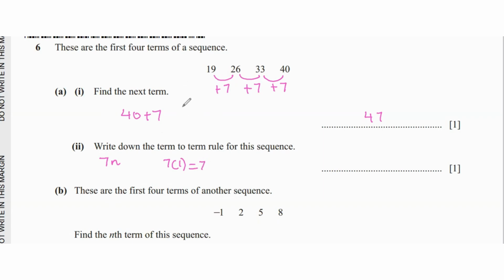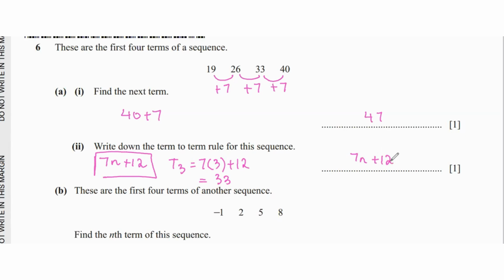So to turn 7 into 19, we need to add 12 to it. Now keeping that in mind, if I find the third term, that's going to be 7 times 3 plus 12, which is 21 plus 12, and that's 33. Hence, our term-to-term rule is 7n plus 12.